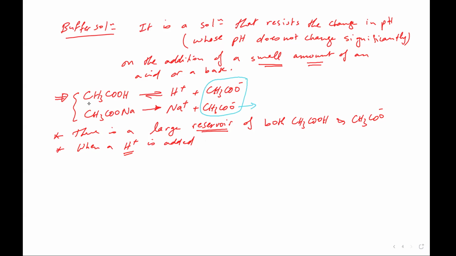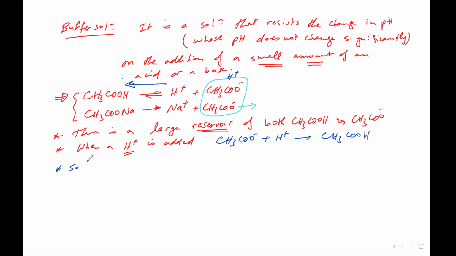So when an acid is added, it will not react with an acid like itself. It will react with the ethanoate ion, which is the base. So the ethanoate ion will react with the H positive, forming CH3COOH. That's why I told you that you have to look at the equilibrium step. So when a small amount of acid is added, it will react with the ethanoate ion, forming ethanoic acid.